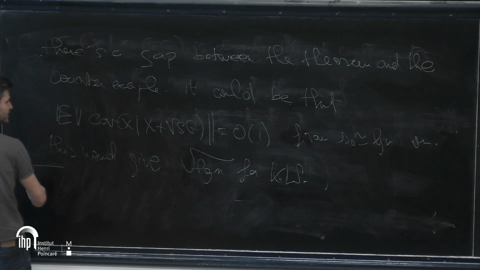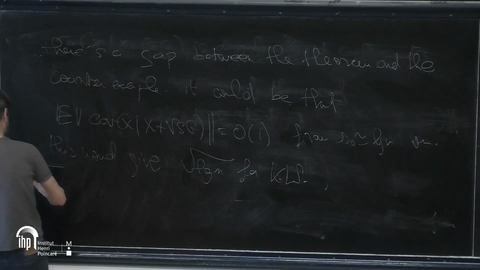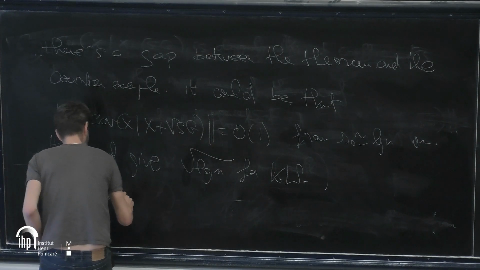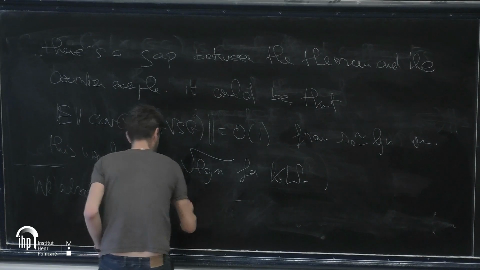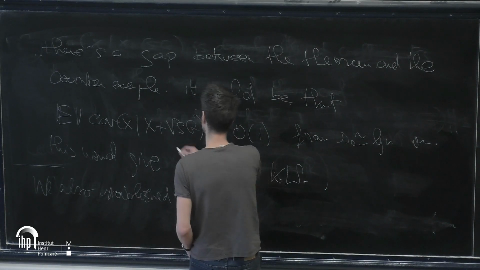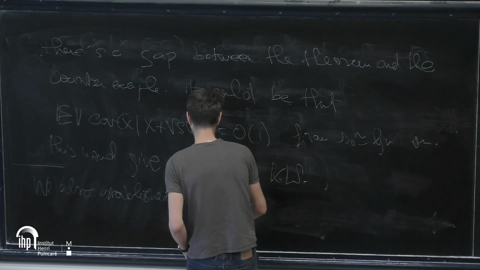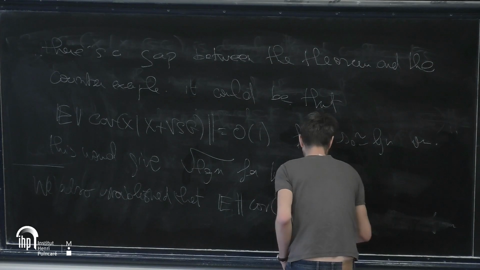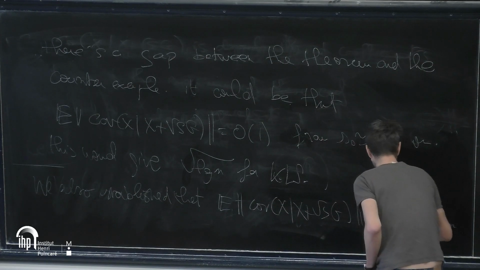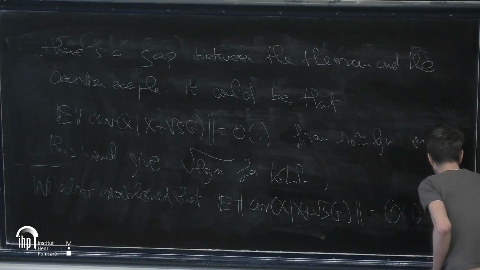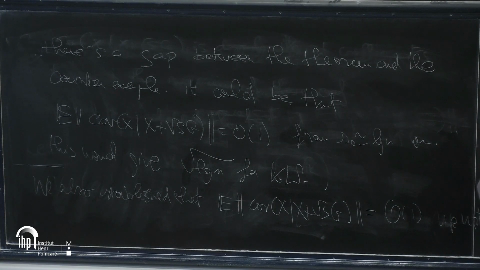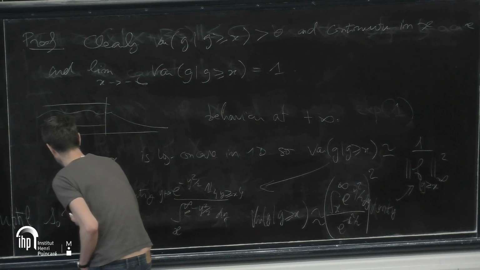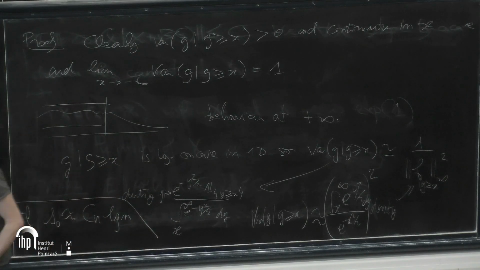So see, we also remember that we also established that this is correct, that it is order 1 up until s not equals approximately C_n log n, where C_n is the KLS constant.